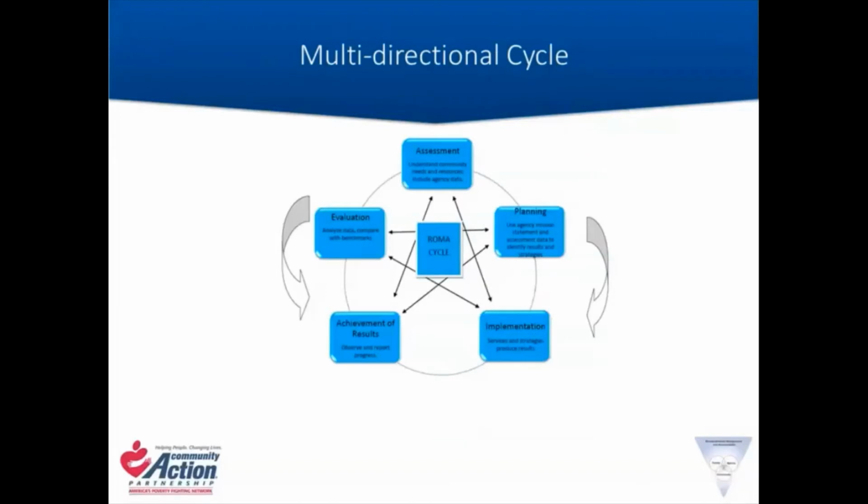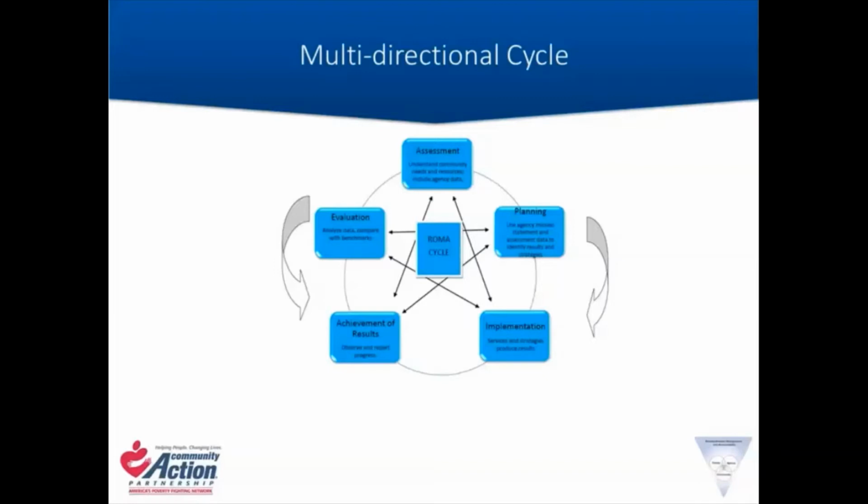As you're implementing, you might need to go back to planning to figure out why did you plan it this way, or do you have the resources that you thought you would, and if not, how do you have to change your plan? But not only clockwise and counterclockwise, but there's also connections between the various pieces of the cycle. So while you're in implementation, you might ask more questions that would cause you to have to do assessment.